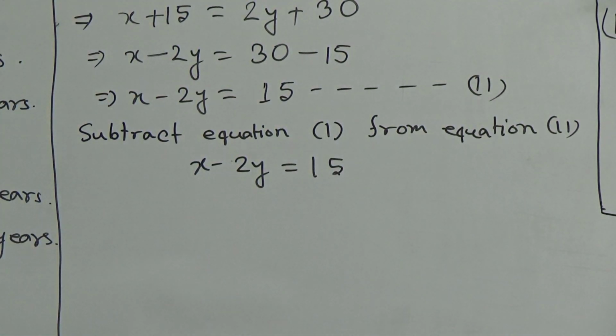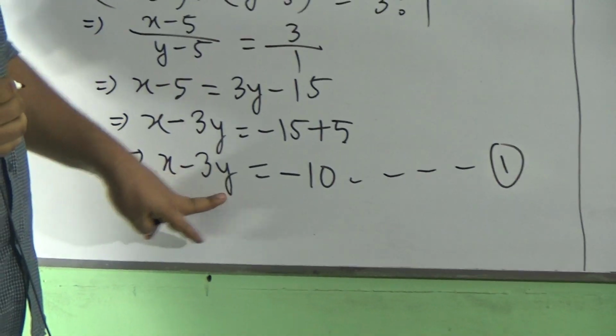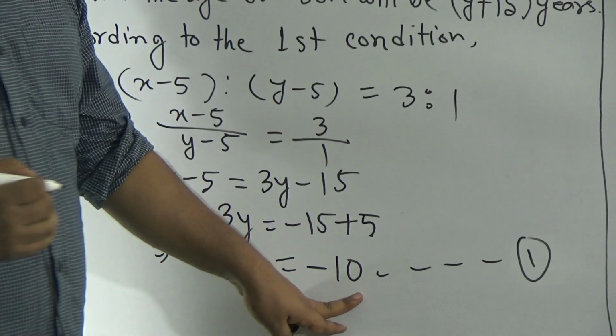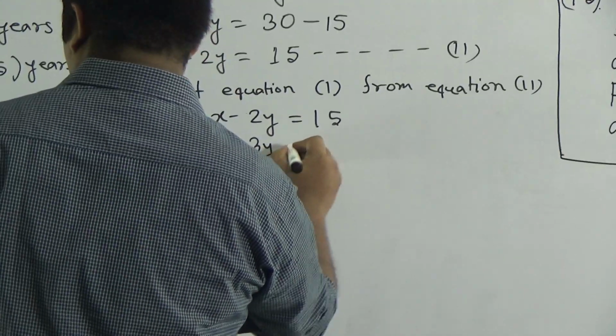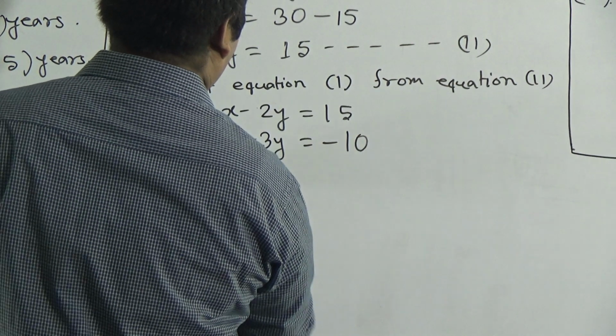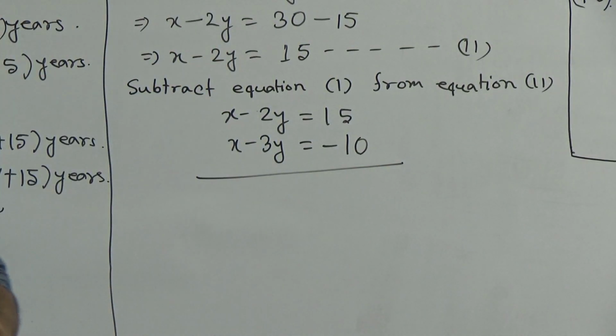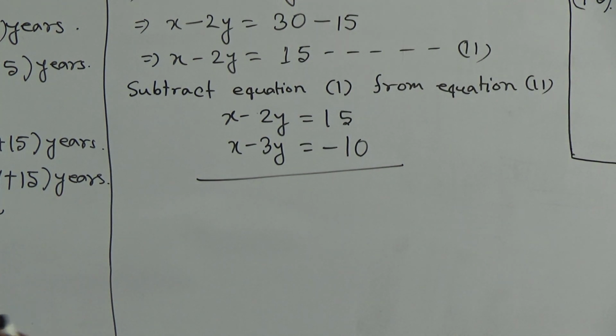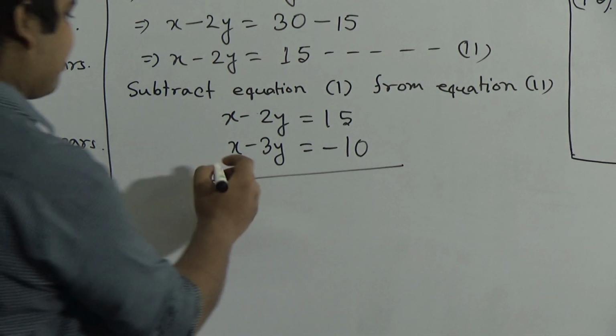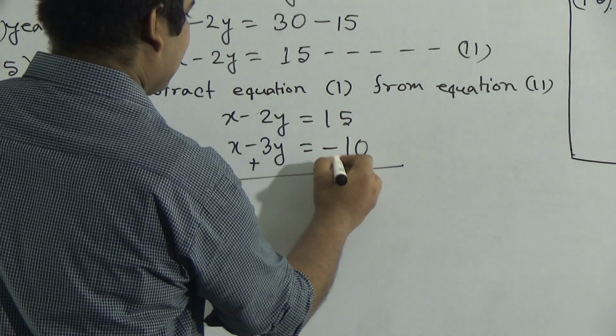Then we write equation number 1. Equation number 1 is x minus thrice y equal to minus 10. So, write x minus thrice y equal to minus 10. My dear students, now we subtract. In subtraction, the sign will be changed. That means minus, plus, plus.